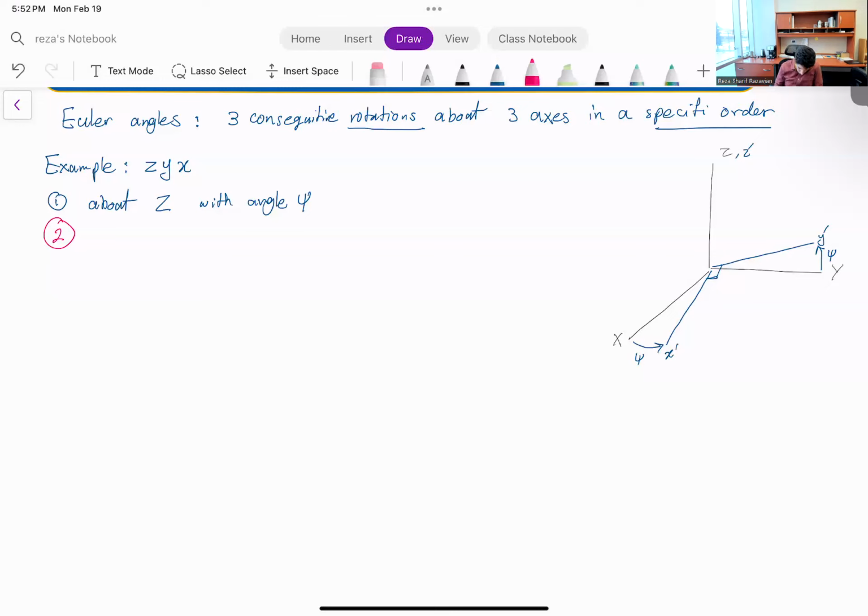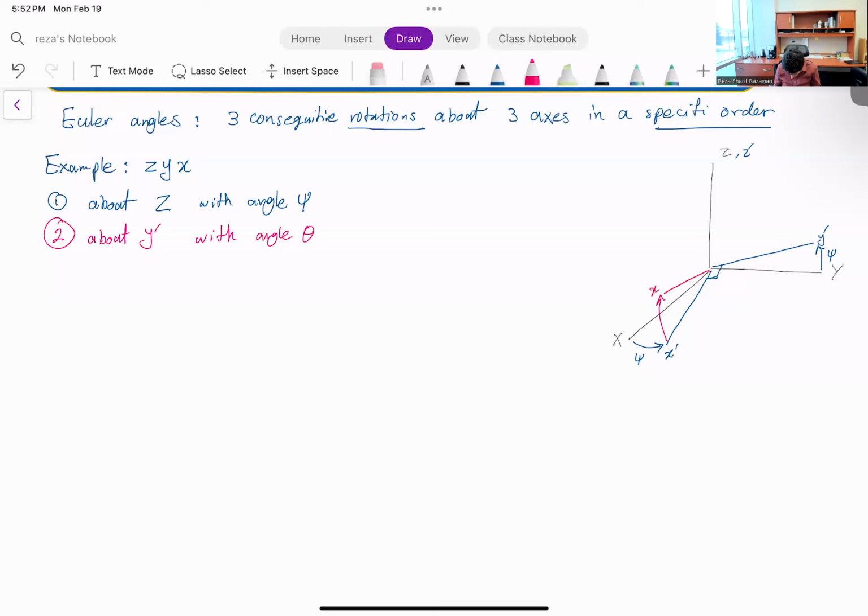Then we rotate about this new Y prime with angle theta. This one is going to be trickier. So Y is going to remain where it is. I'm going to rotate my X. It goes up there.